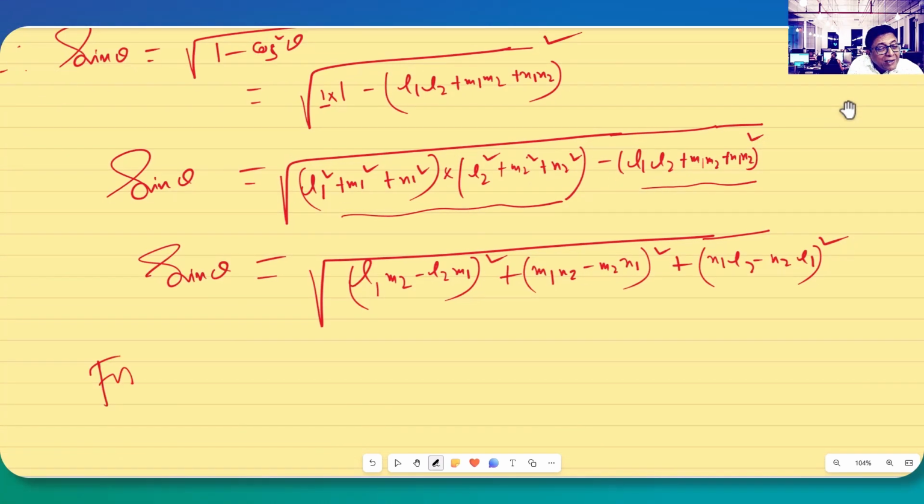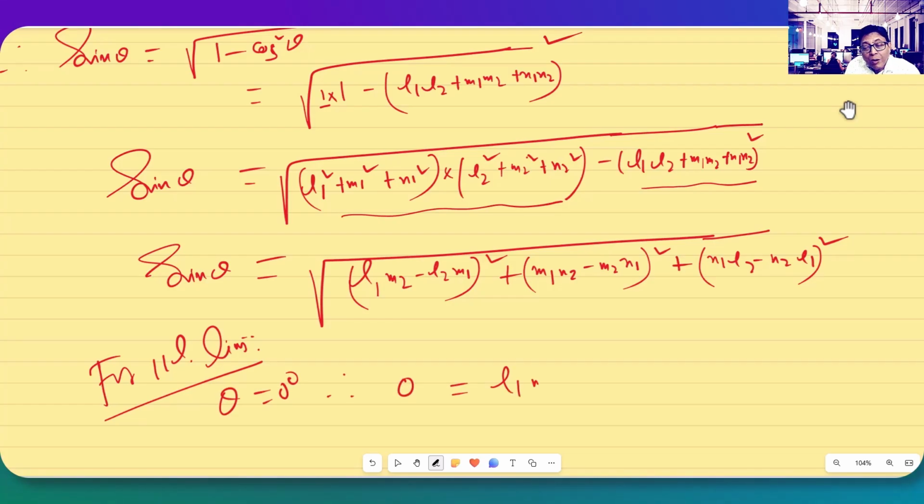For parallel lines, theta 0 degree, therefore 0 going to be L1 M2 minus L2 M1 whole square, M1 N2 minus M2 N1 whole square plus and so on.